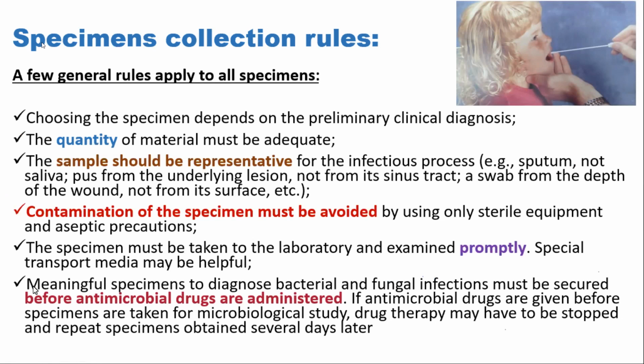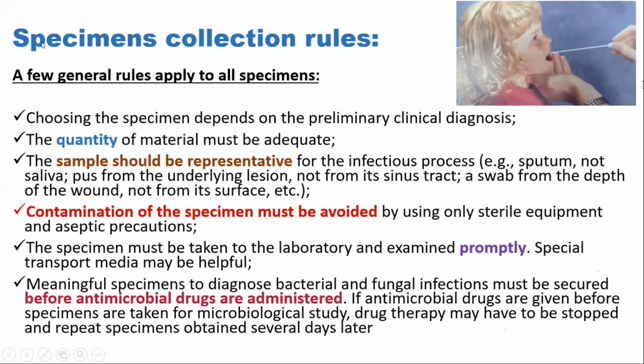When you examine pus, you should take it from the deep wounds, not from the surface, otherwise it becomes contaminated with normal flora microbes of the skin. Well, of course, contamination of the specimen must be avoided.